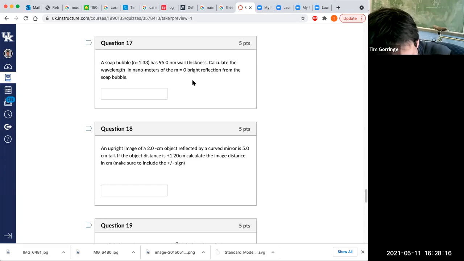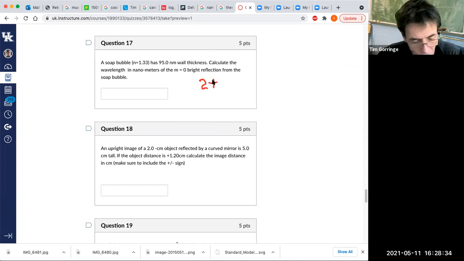In that case, let me write down the general equation for strong reflection from a soap bubble.